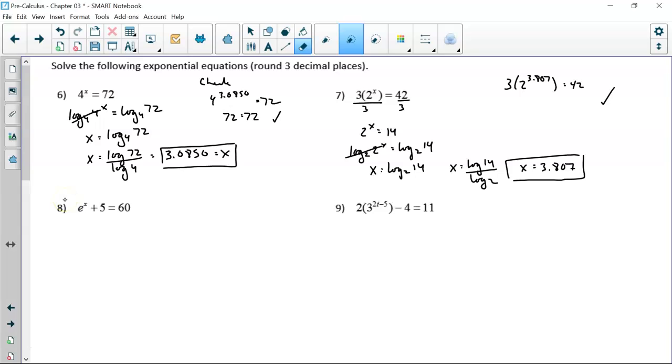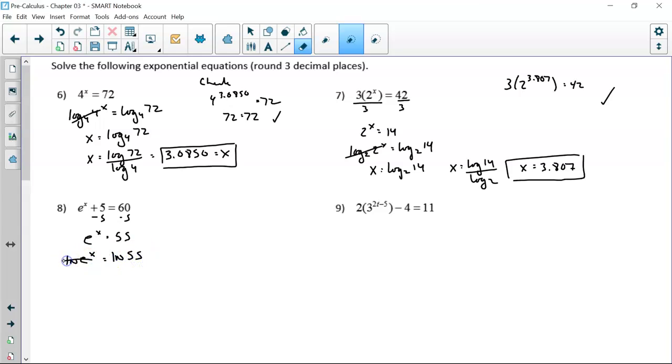Number 8. We want to isolate the e, subtract 5 from both sides. e to the power of x equals 55. Now to undo e, we use natural log, that is log base e. So natural log of e to the x equals the natural log of 55.